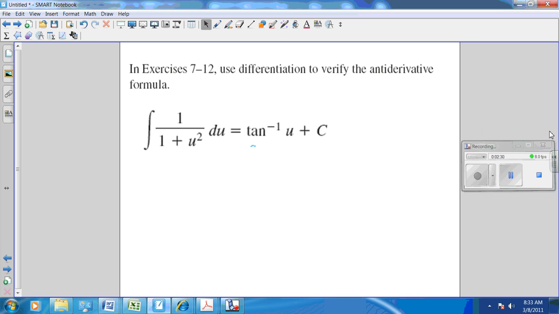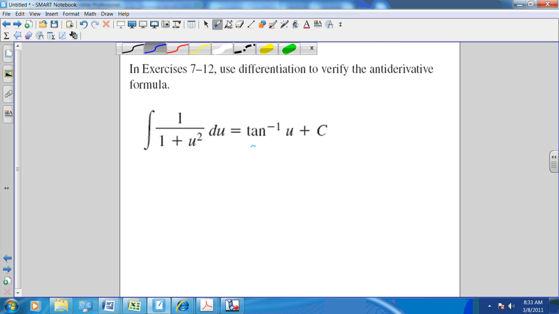Let's look at one more like this, and it goes back to this idea of the derivative of inverse tangent or inverse sine, the inverse trig functions. So if I take a derivative of this side, I have to remember how I took the derivative of an inverse trig function to begin with. Well, let's say that y is equal to the inverse tangent of u.